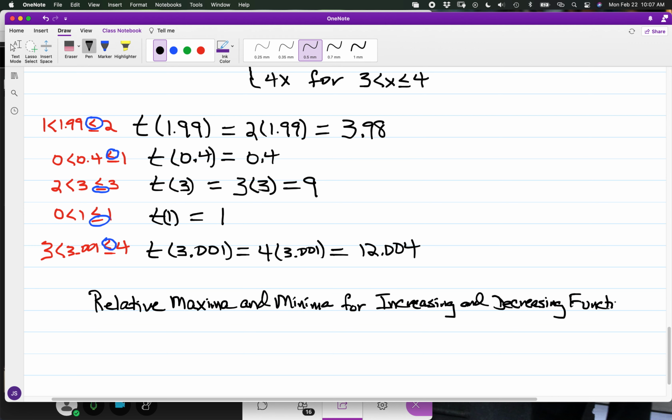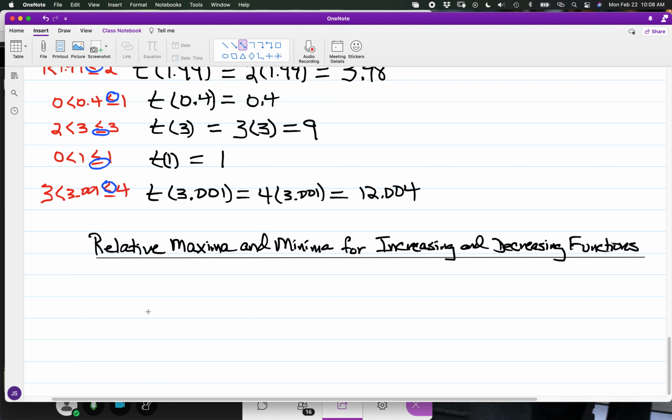And let me give you just a case of what I'm referring to regarding maximum and minimum. We'll say that we have an XY coordinate system.